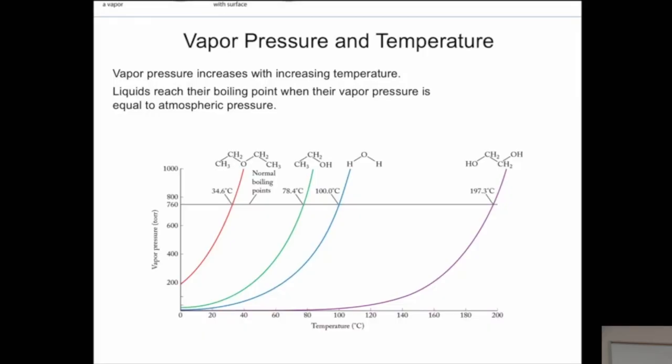Now, on the y-axis, we have vapor pressure, and on the x-axis, we have temperature. Let's have a little talk about units here. Temperature, we're always working in degrees Celsius or Kelvin. Mass, we're always working in grams or some metric version of that.